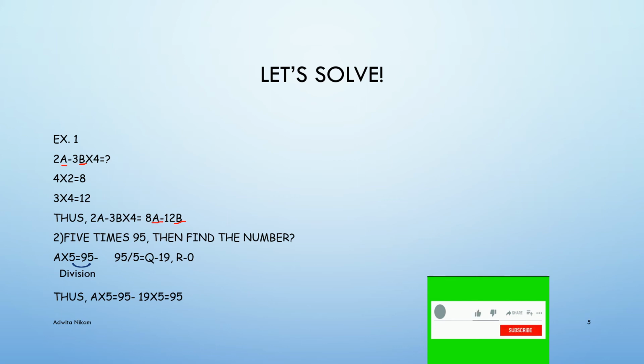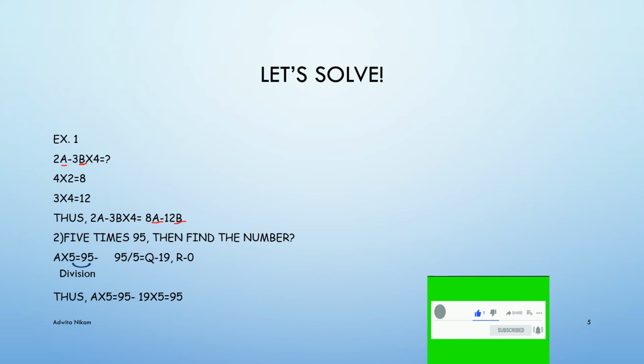I'll tell you afterwards. So now we will check the second sum. Here we have to form the equation, and we have to transfer the numbers from this side of the equal sign to that side of the equal sign. So let's check what the sum is.